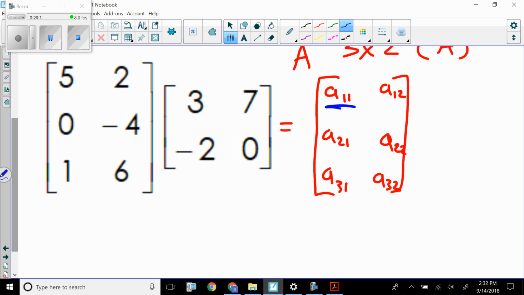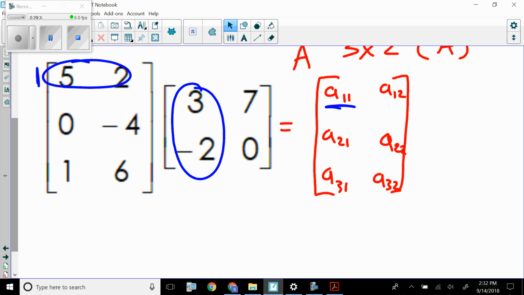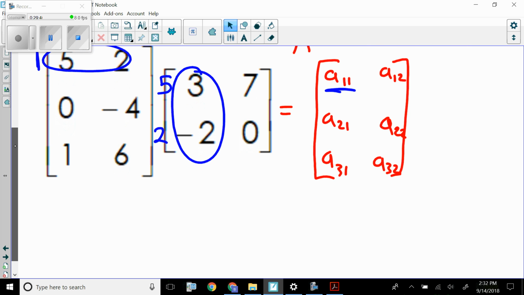If I'm looking at this, this is the first row, and this is the first column. I am taking this 5 and this 2, and I am multiplying it in down here, just like that, like I just moved it there.